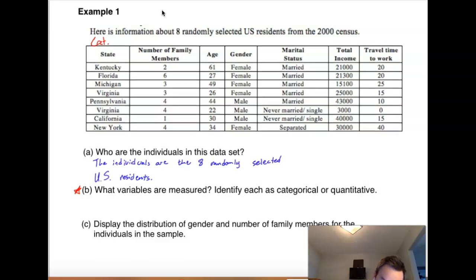Number of family members, that's quantitative. Age, quantitative. Gender, categorical. Marital status, categorical. Total income, quantitative, and then travel time to work, quantitative. All right.